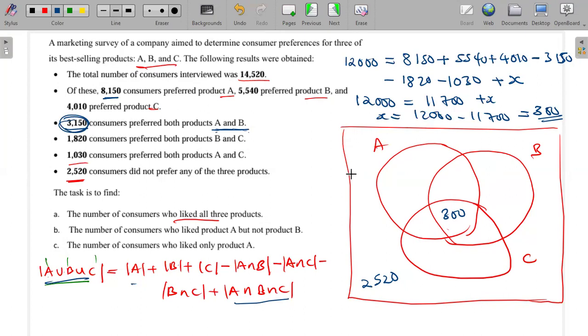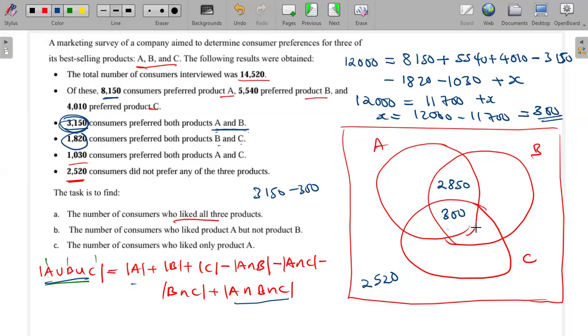So to get those that do not like product C, but just like A and B, I have to subtract the 300 from the 3,150. Because in the 300, some of them like product C, but I only want those that like A and B. So 3,150 minus 300 gives me 2,850. Okay, then I go and say, okay, this is those that prefer product B and C.